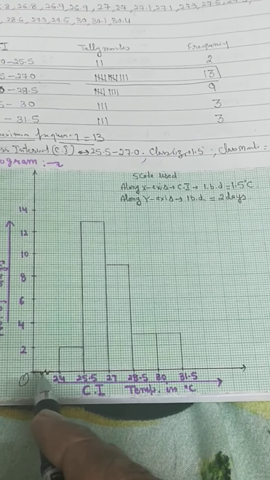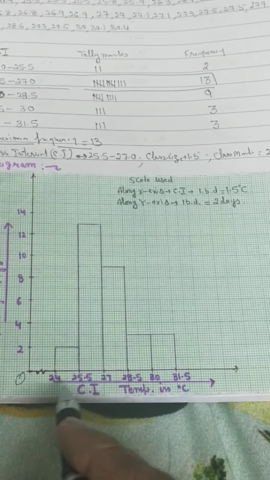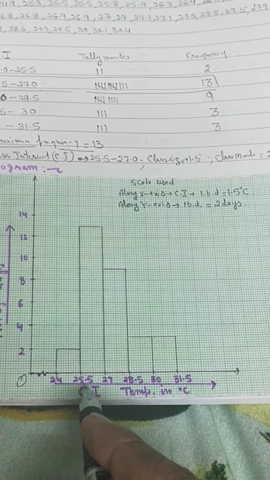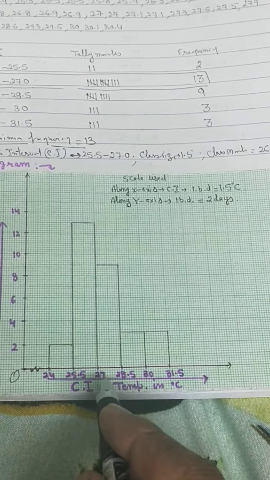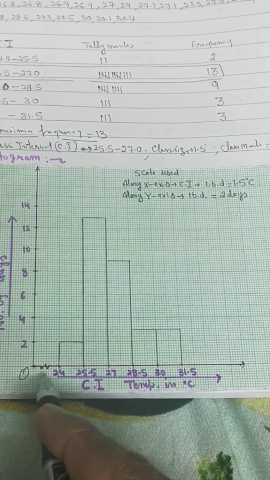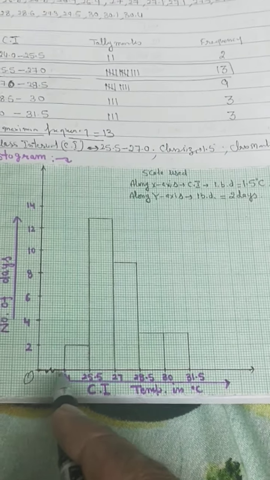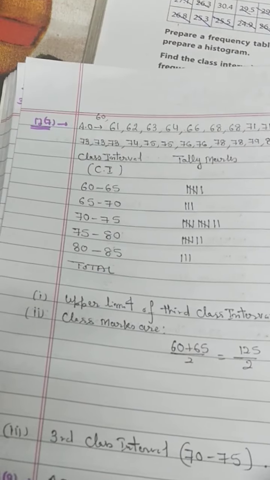After that there is a constant gap of 1.5: 24 to 25.5 is 1.5, 25.5 to 27 is 1.5, 27 to 28.5 is 1.5. But from 0 to 24 there are 24 parts, so we don't consider all those parts; we take this kink. In this way you can solve these questions. Next I go for question number 7.